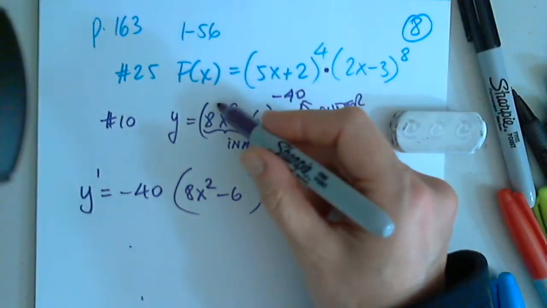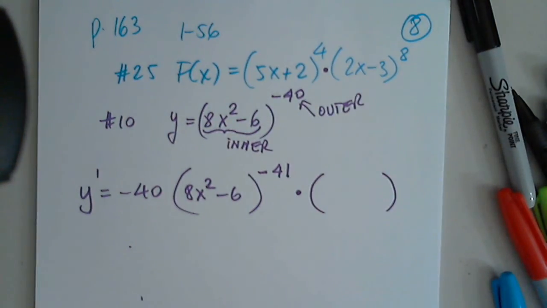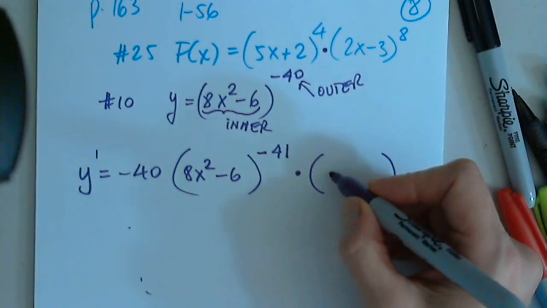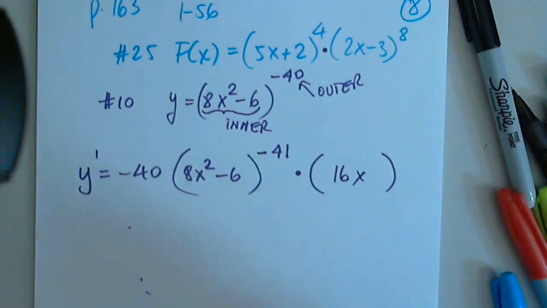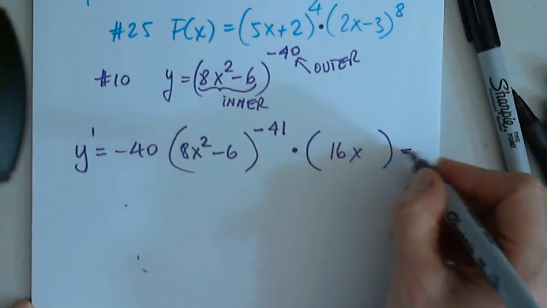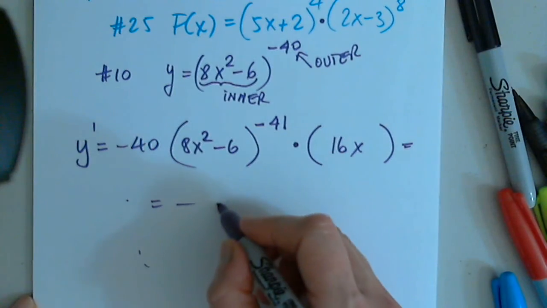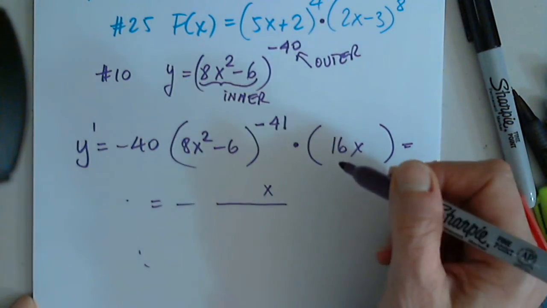This is the inner. So can anyone give us the differentiated inner function? 16x. That's it. No one can do anything to this. You can write the negative 40 times 16. I'll do that in a moment.